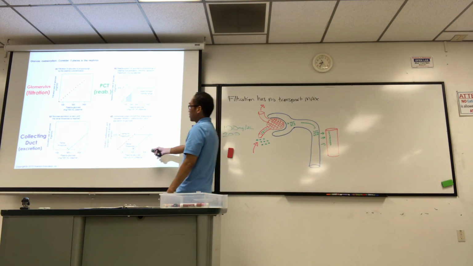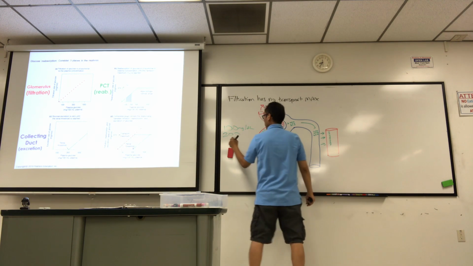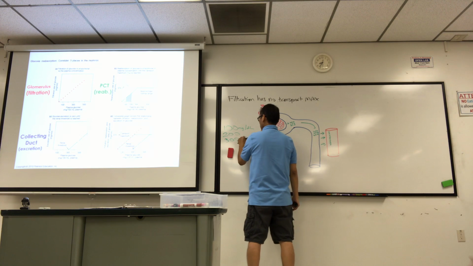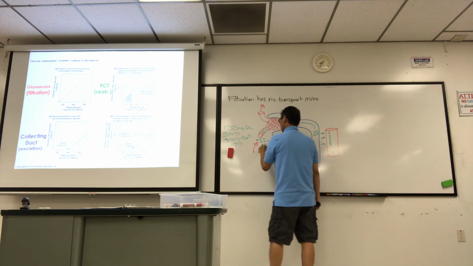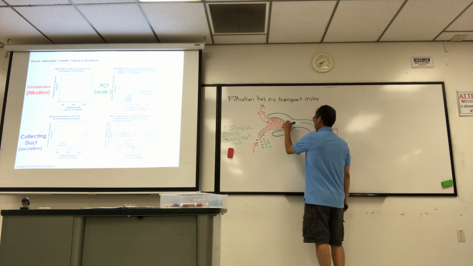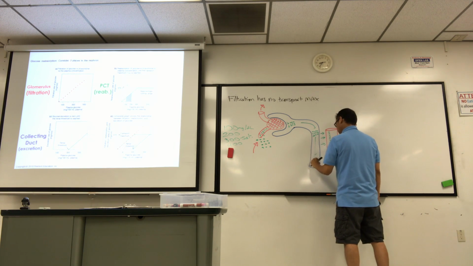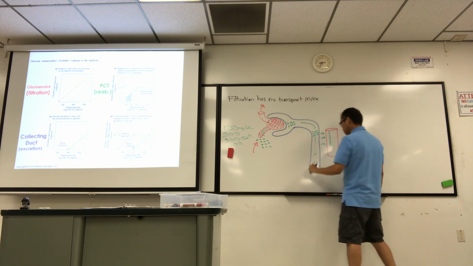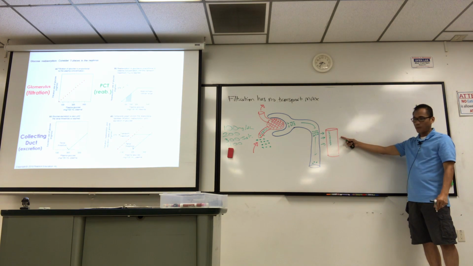So if you just keep on going, 300, that's saturation, that's TM. So if you go to 400, I think you get the idea. This is too much sugar to be reabsorbed. And that's the point at which you'll start to excrete sugar because you've maxed out your transporters.